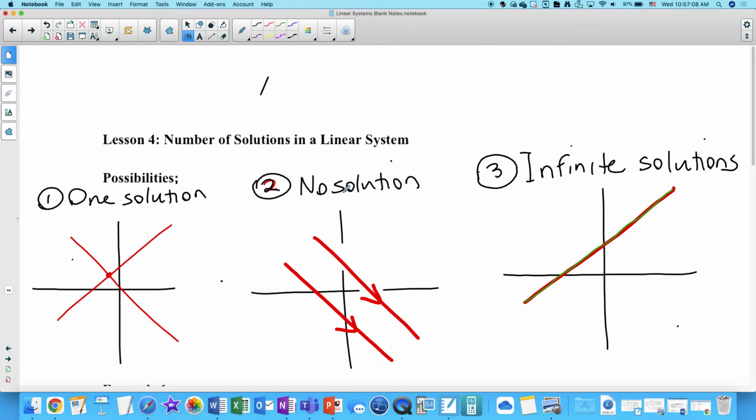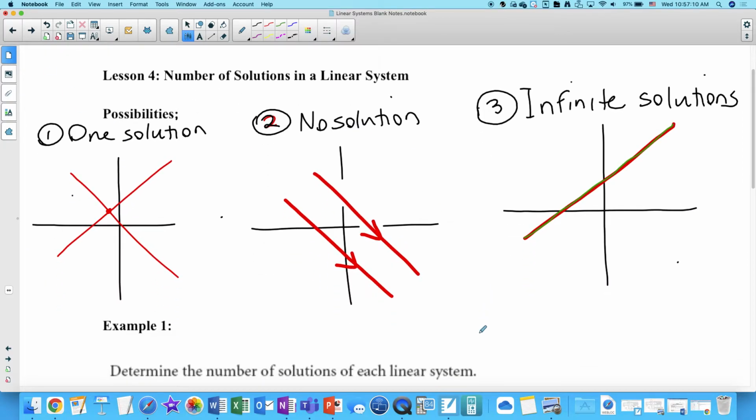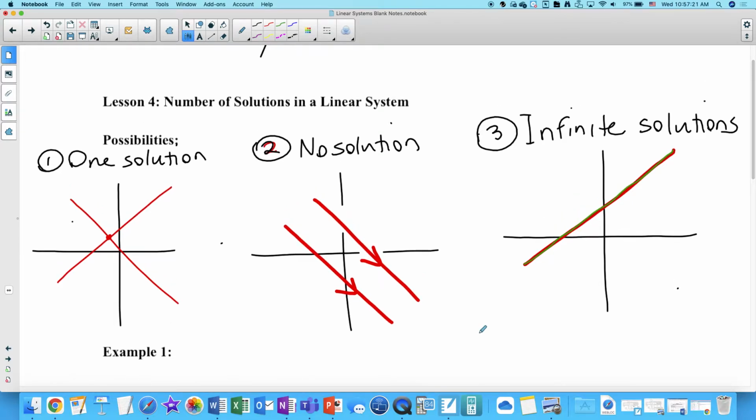Okay. Now, what I want to talk about, though, is how do we tell? Like, we can see from the graph what's happening, but if we have an equation, how do we tell from the equation? What do we need to look for? And what I want to remind you of is that in slope-intercept form, all lines look like that.